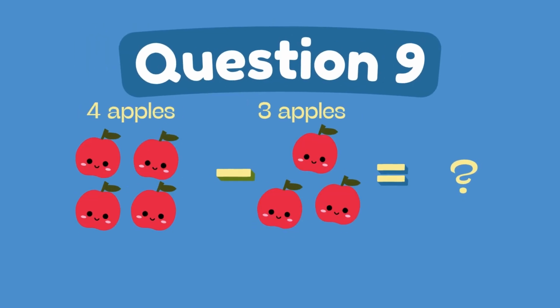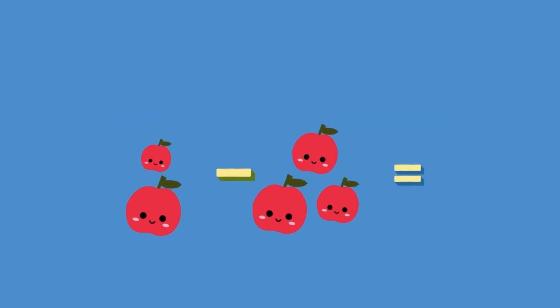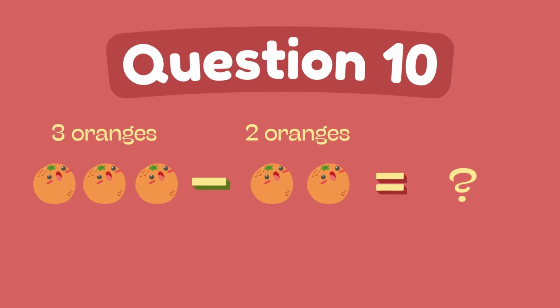What is 4 minus 3? The answer is 1. What is 3 minus 2?